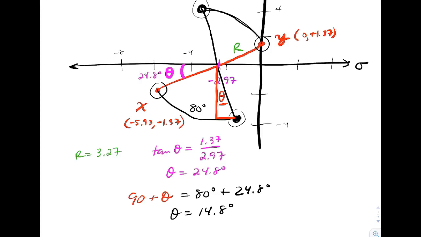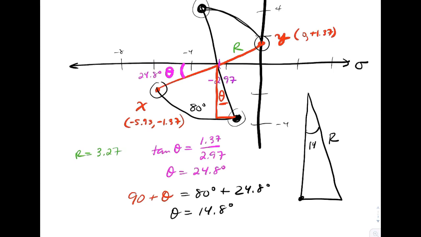So I'm just going to draw this triangle right over here, nice and big. That is not on the coordinate system, but it has a side R. It has a 14.8 degree angle. And up here, it would be sitting at sigma equals minus 2.97. And so we'll have a little bit of simple trig to solve for L1 and L2.